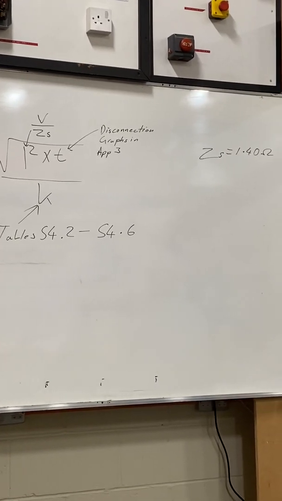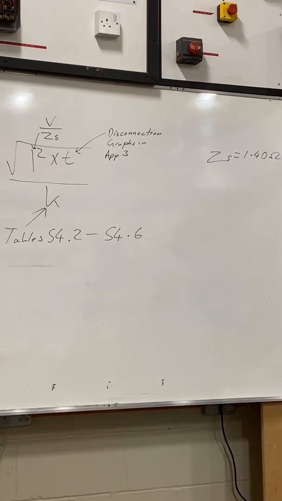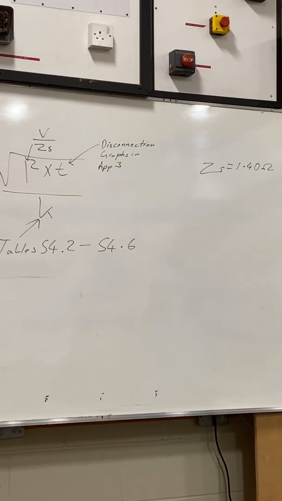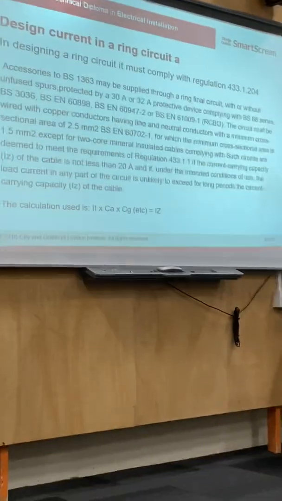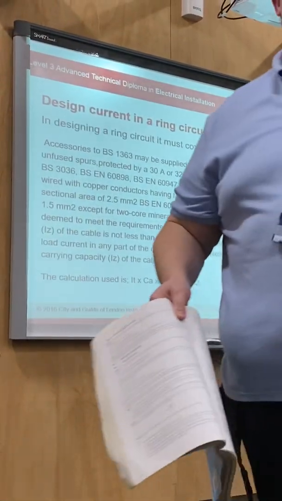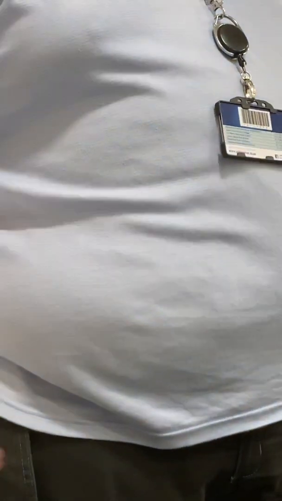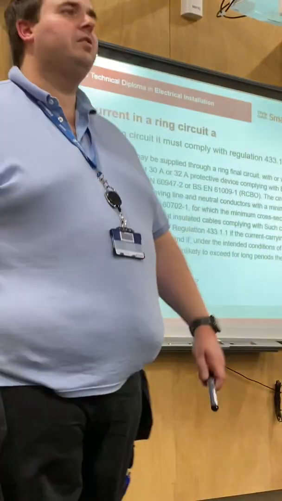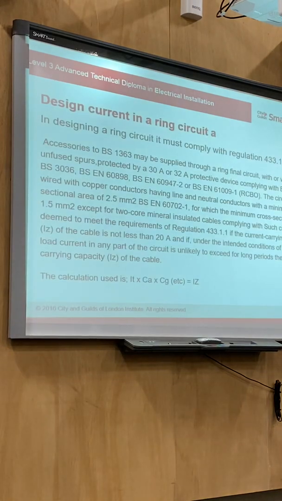Can you all see table 54.3, those of you with the red books? Looking at that table, can you see where it says copper? Where it says copper, it's got 115 and 103.